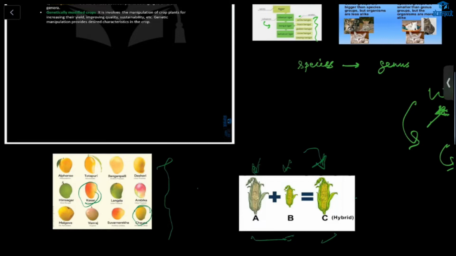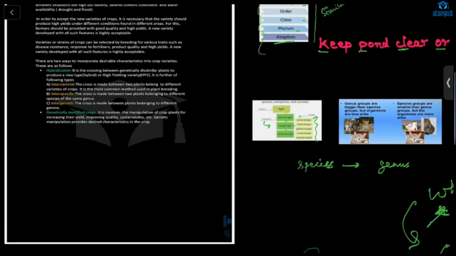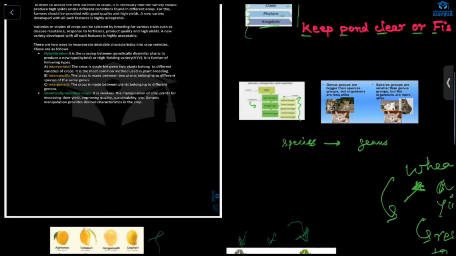The cross between these two we will call intervarietal. The progeny, the offspring, the children that we get is our hybrid, and that type of hybrid is intervarietal. Understood? Yes, ma'am.